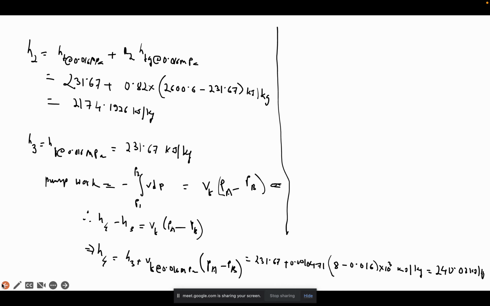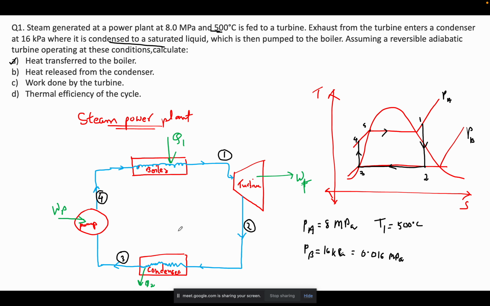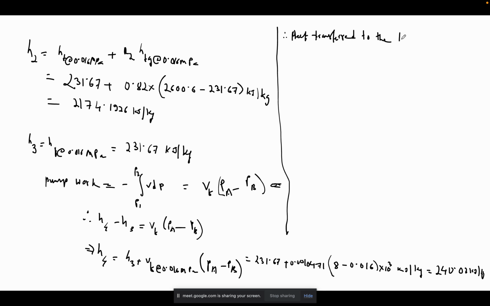Now you just need to calculate heat transfer to the boiler. What is the heat transfer to the boiler? It will be enthalpy at 1 minus enthalpy at 4, because this is the gain in enthalpy from point 4 to point 1. So heat transferred to the boiler is equal to Q1, and that will be nothing but H1 minus H4.